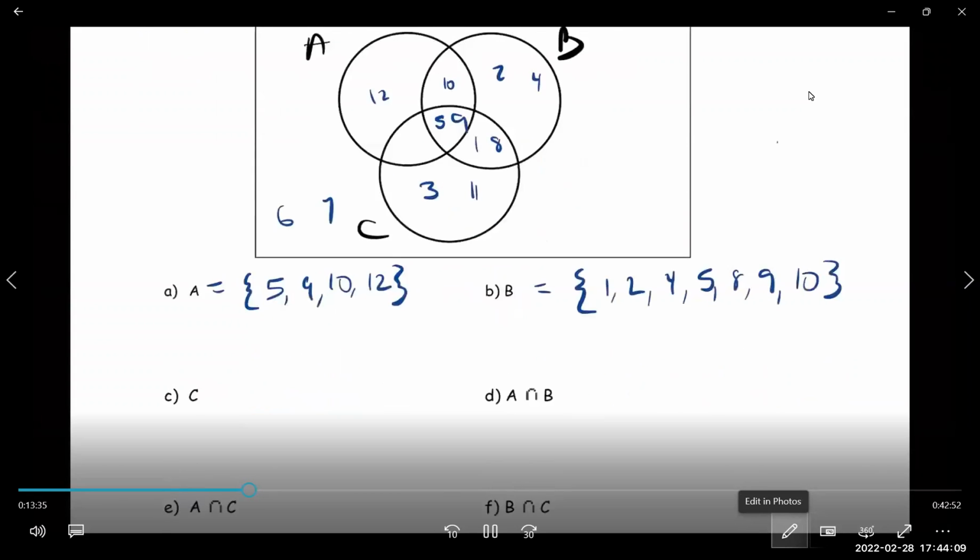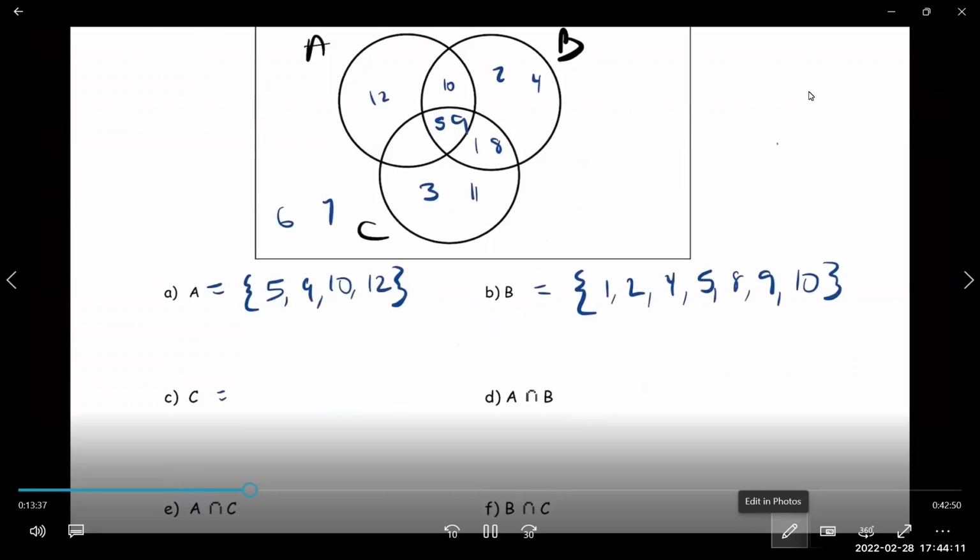All right, now set C will be in here. 3, 5, 9, 1, 8, and 11. Yeah, everything inside of this circle, which is the numbers that you just said, 1, 3, 5, 8, 9, 11.